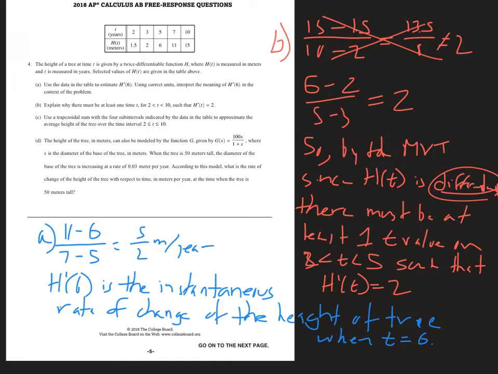And we've already shown the work here for why we chose the interval 3 to 5 rather than 2 to 10. So that's part A and B.